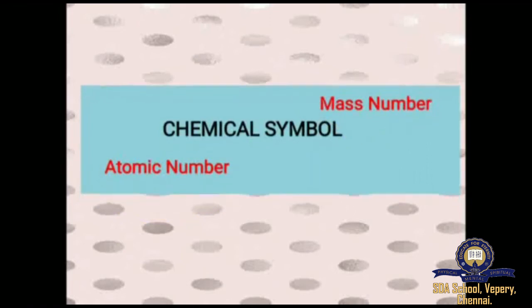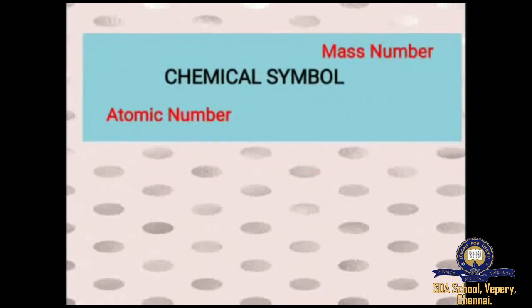Here is an example for you. Carbon element. As you can see here, the atomic number of carbon is 6. The symbol for carbon is C. And the mass number of carbon is 12. So it is written like this.